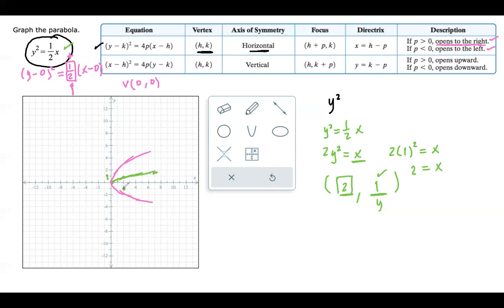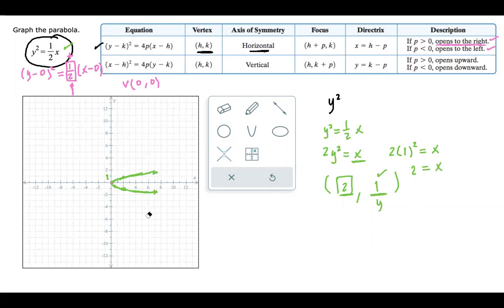And on the other side, I'm going to have a reflection of that value. It's not a perfect sketch, but it will give me an idea of the way that this parabola will look. So as of now, just consider the vertex, then identify whether you're dealing with a vertical or horizontal parabola, and whether the parabola is going to open to the right or to the left in this case.